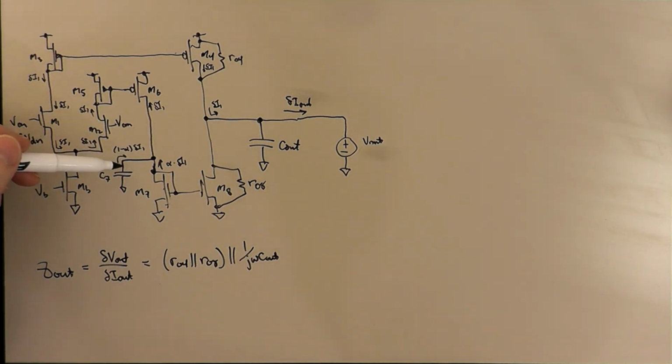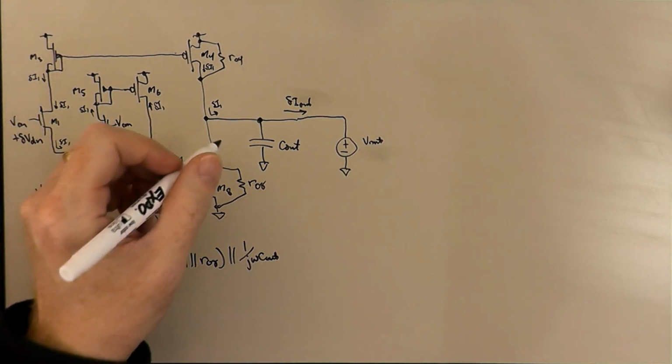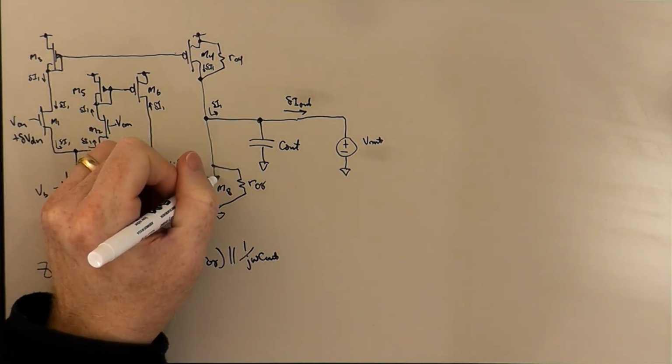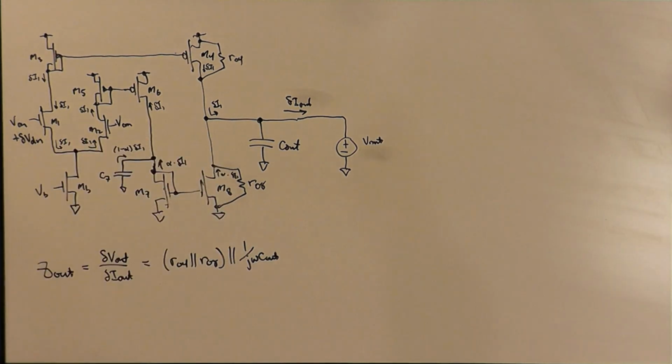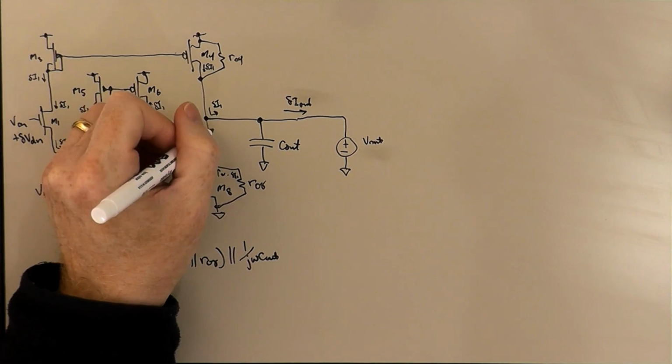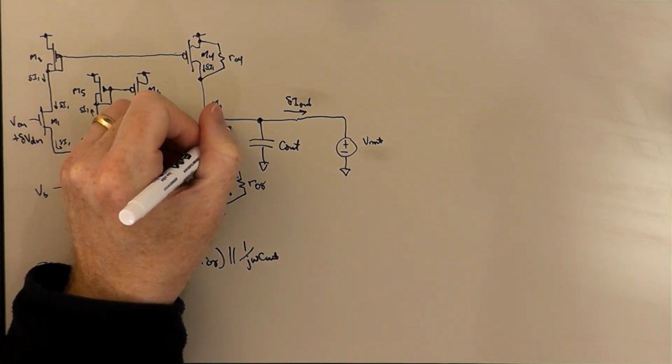And so instead of mirroring delta I1, what M7, M8 mirrors is alpha times delta I1. And so what comes out of the circuit here is now alpha times delta I1.